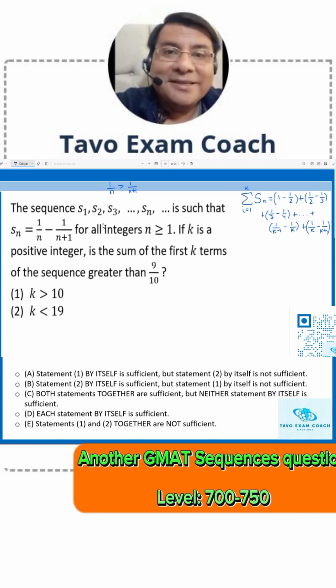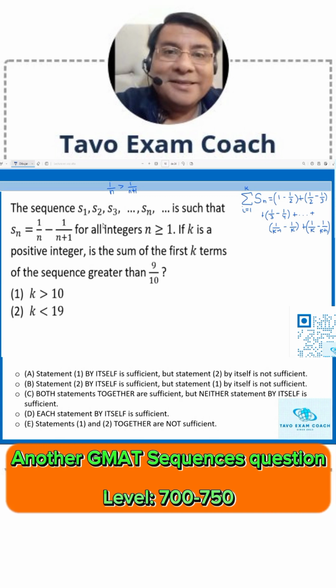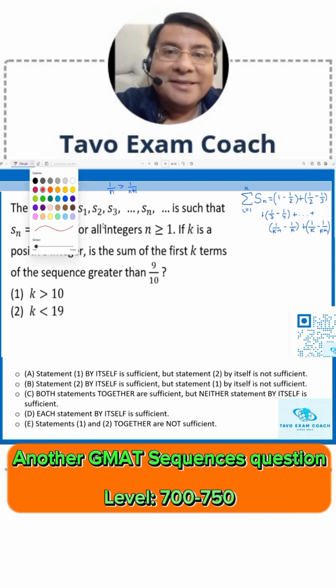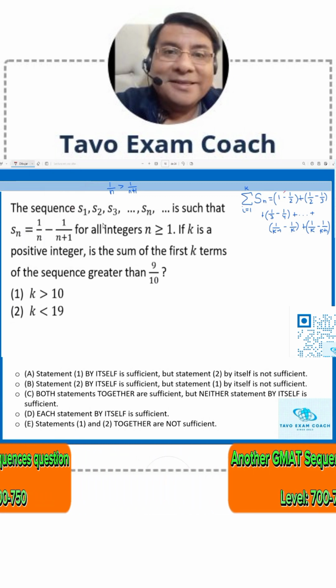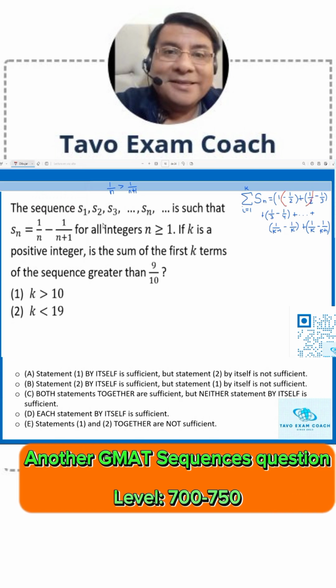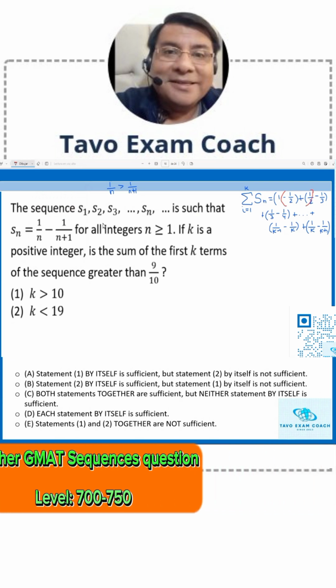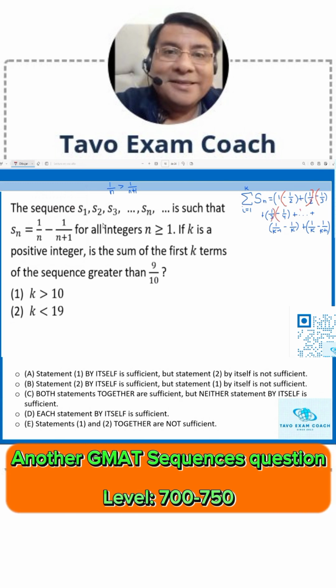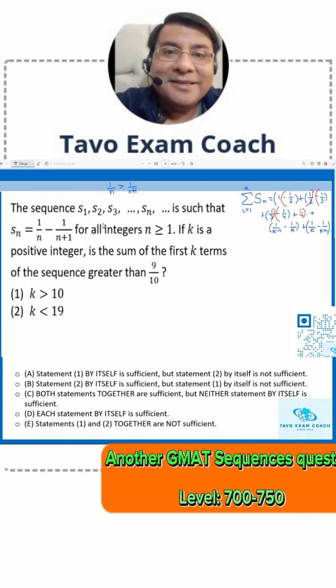So, what happens when we add all these numbers? You can appreciate there is a number of quantities here that are cancelled in pairs. This and this together. Then you have negative 1/3 with positive 1/3, negative 1/4 with positive 1/4 over here, and so on.